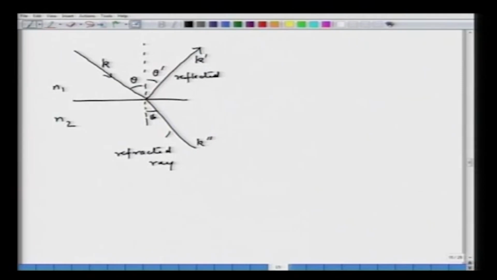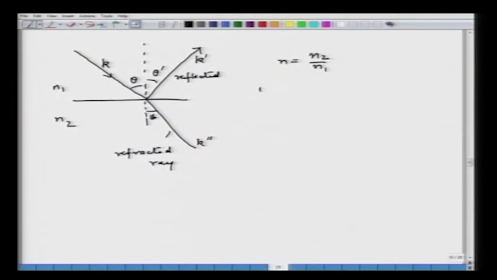So, k is for the incident, reflected and refracted ray, and we can further define that n parameter, which is basically N2 over N1. This may be useful in simplifying the expressions at a later stage.